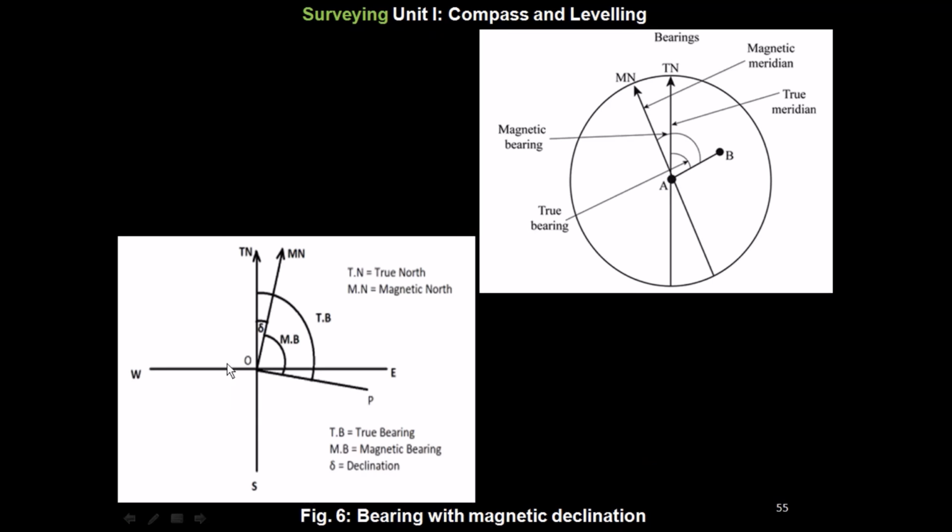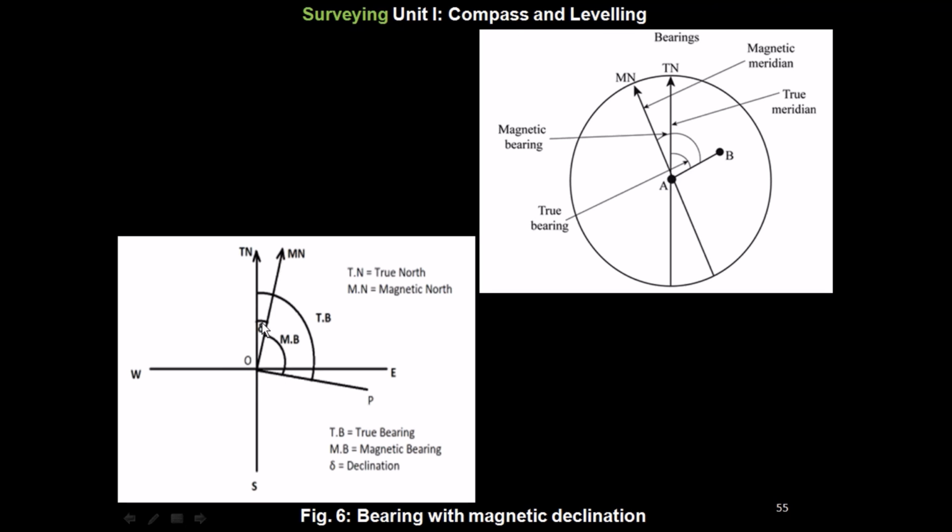So here we can see the bearing with the magnetic declination. The true north is there, true south, true west, true east, and this is the magnetic north. Here this OP is the line.